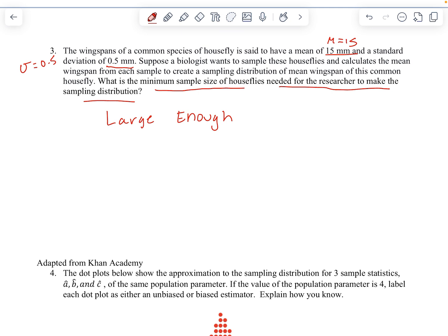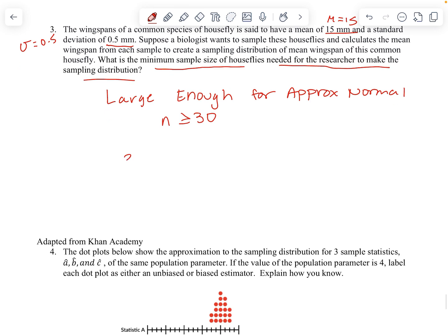When we were talking about sample proportions, it was the large counts. So we need to make sure it's large enough. And for means, the large enough condition says that n has to be at least 30. So in this case, the sample size is at least 30 houseflies. I'm going to put at least, because it could be more.